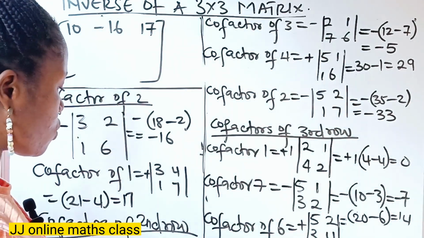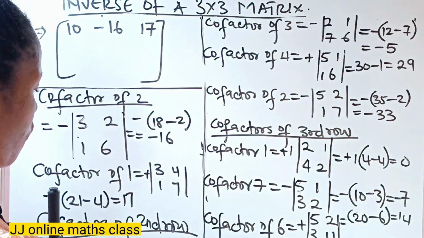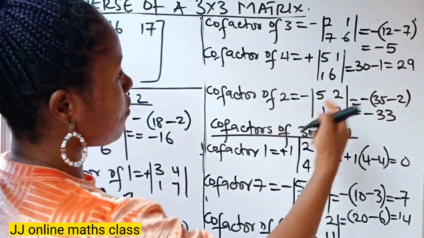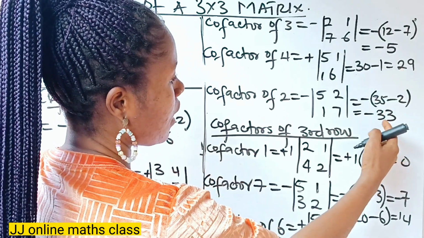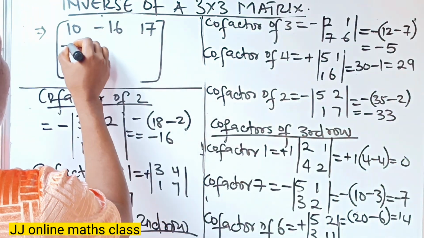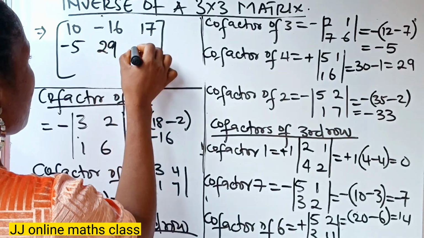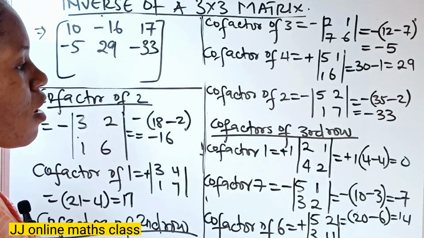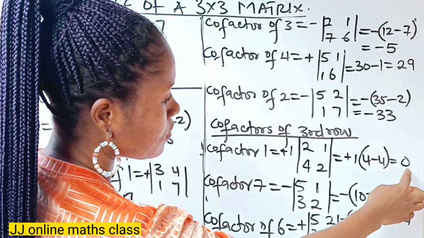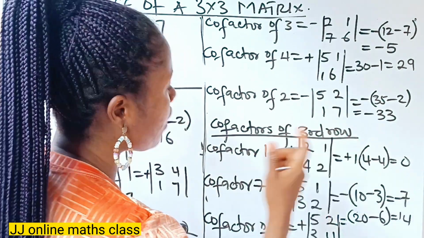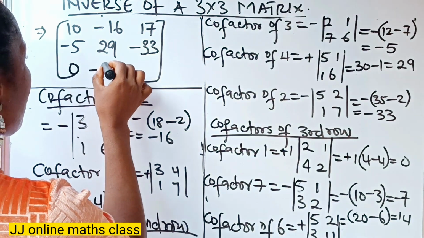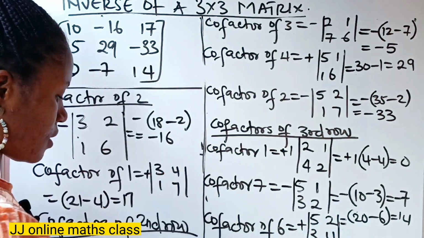That is for the first row. Now for the second row, cofactors of the second row, we have minus 5, 29 and minus 33. Now for the third row, we have 0, minus 7 and 14.